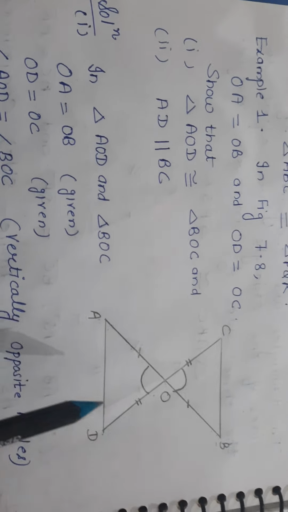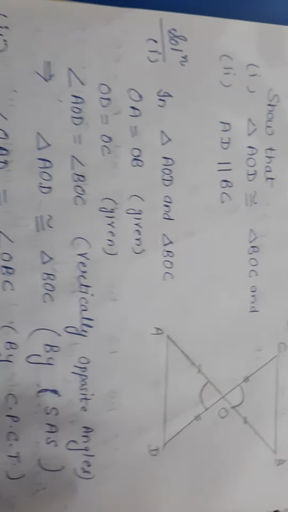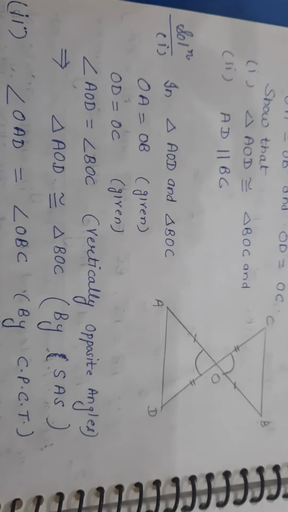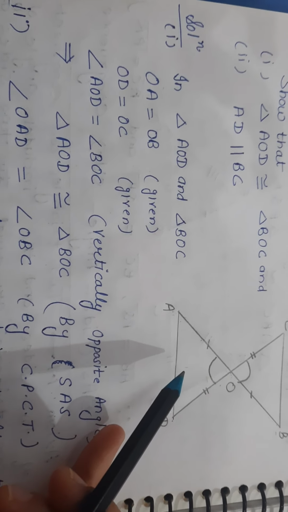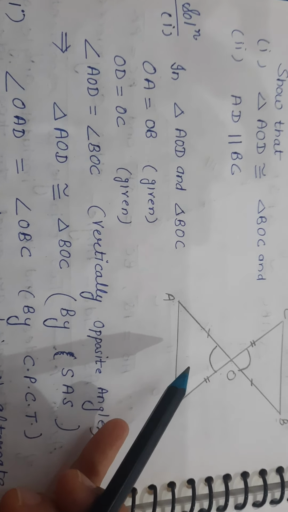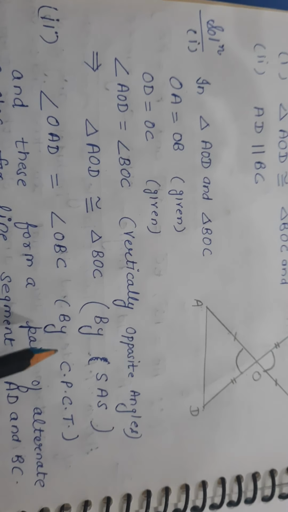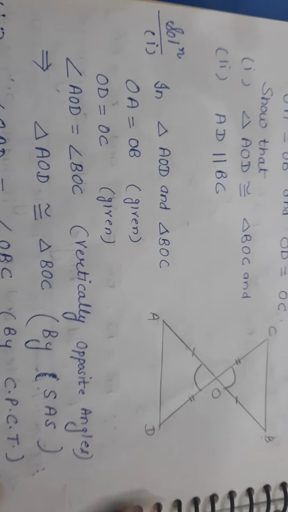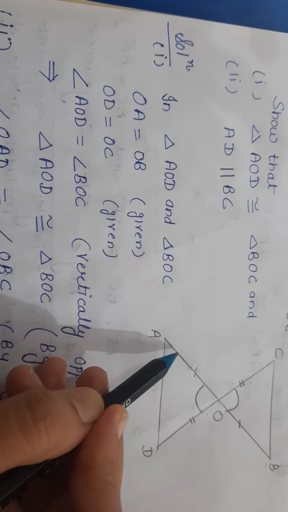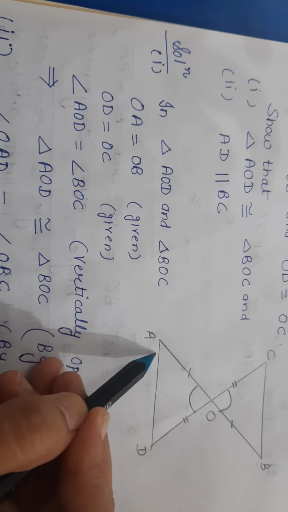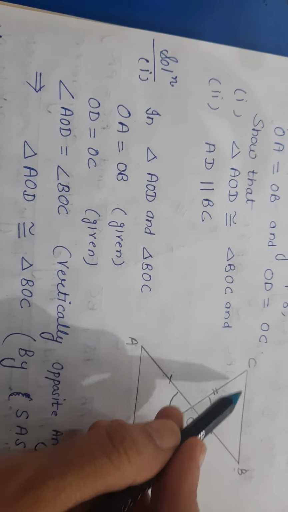Second, you need to prove line AD is parallel to line BC. Now we have these two triangles congruent, and we know that corresponding parts of congruent triangles are equal. So by CPCT, angle OAD must be equal to angle OBC.